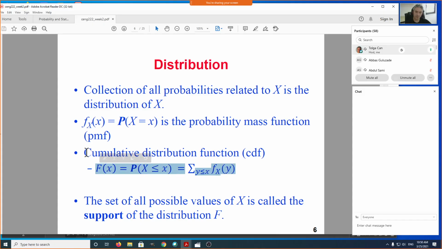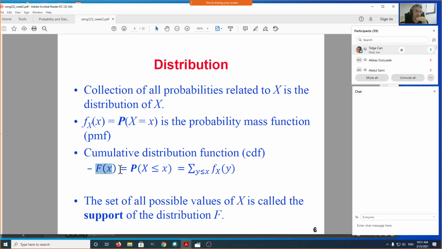Cumulative distribution function is a non-decreasing function. Since probabilities are additive, since we are adding things, if you imagine how this F of x is going to look, it will start at 0 and go all the way to 1, sometimes staying constant.